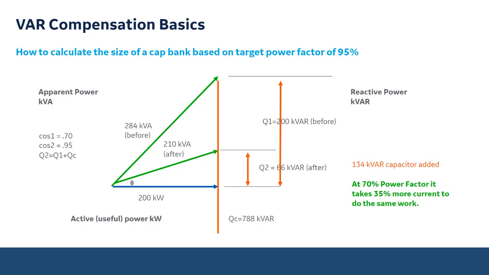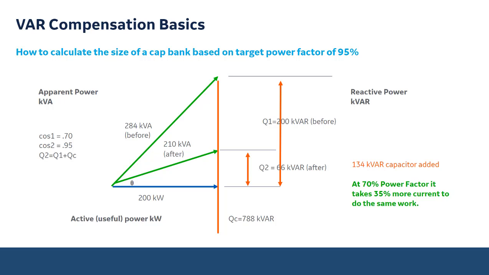So this is the required apparent power before and after adding a capacitor bank. Again, you're showing here your 200 kW of active useful power to turn on a light bulb, turn a motor, or run an inductive furnace, and then 210 kVA, and so you're adding 134 kVAR capacitors.